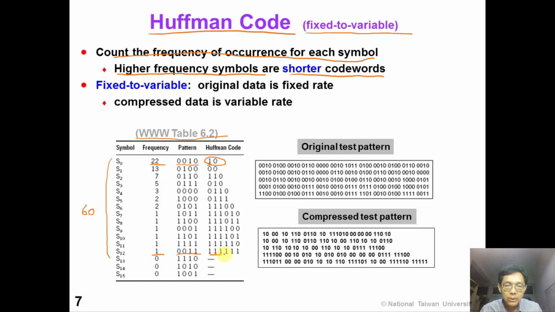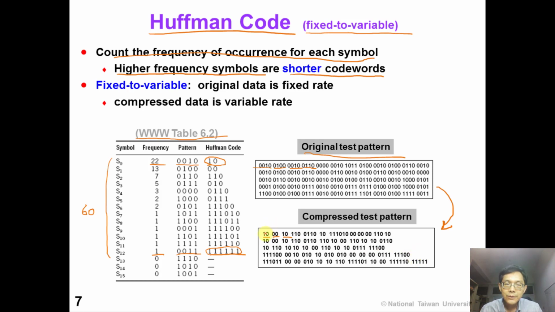So we assign a very long Huffman code with 6 bits. In this way, the original test pattern is divided into pieces of 4 bits, and we can compress it using Huffman code, and the result is shown here.